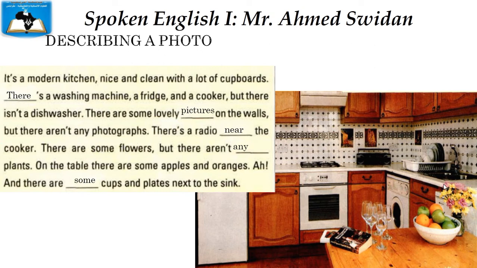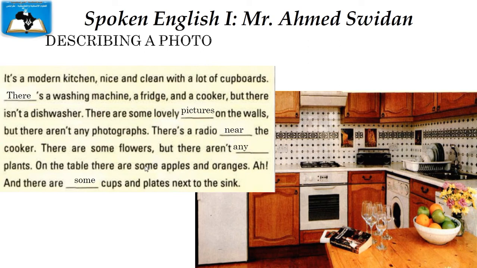There are some flowers, but there aren't any plants. So here we use there is and there isn't, there are and there aren't, and with the negative we use any. There aren't any plants. On the table there are some apples and oranges.